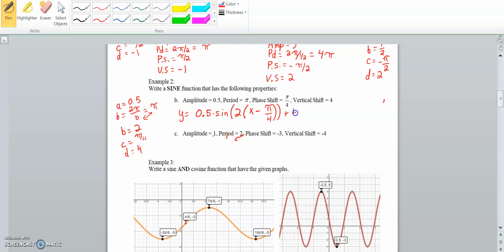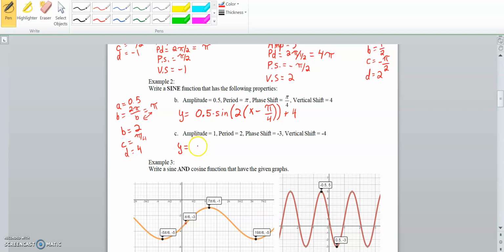D is positive, so plus 4. There you go. Looks like we've got a couple of hand marks there, but yeah, that's how you do that. We would do the same thing for part C. I'll just shorthand it so we can get this one done.